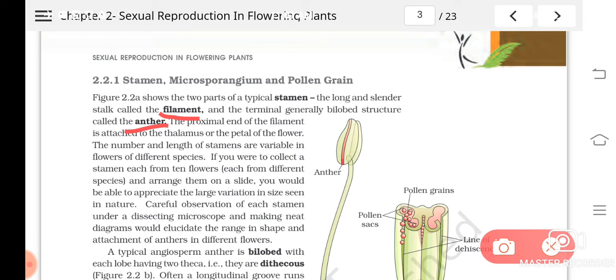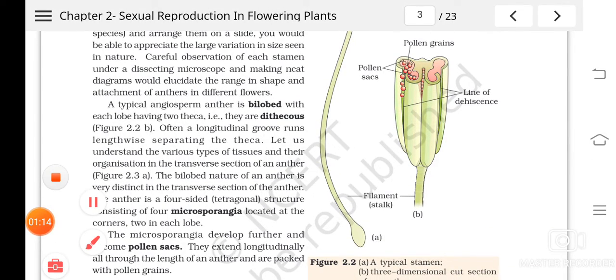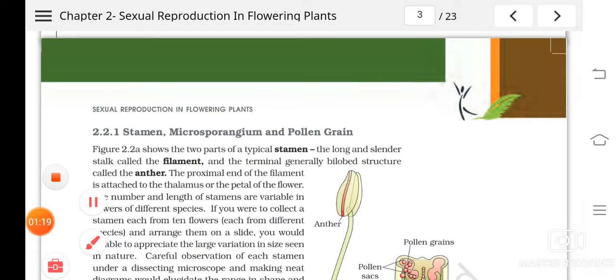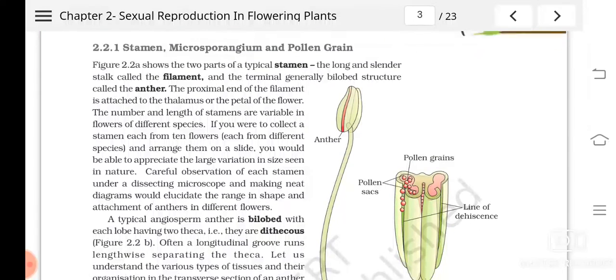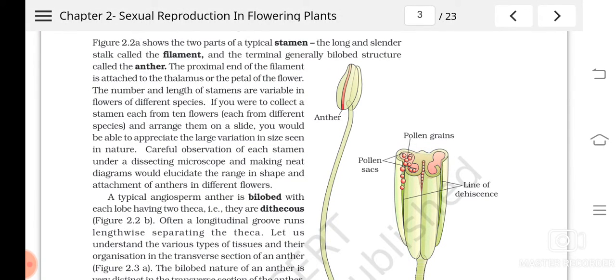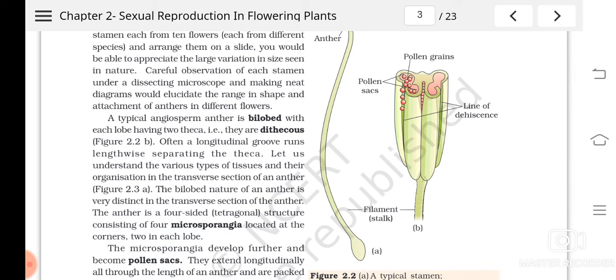So if a stamen is seen, this is the filament, and this will be the anther, okay, and usually anthers have two lobes, that is they are bilobed, and each lobe will have two theca, so that is known as dithecous, okay. So a typical angiosperm anther is bilobed, two lobes are there and in each lobe there will be two theca, so they are known as dithecous, okay.